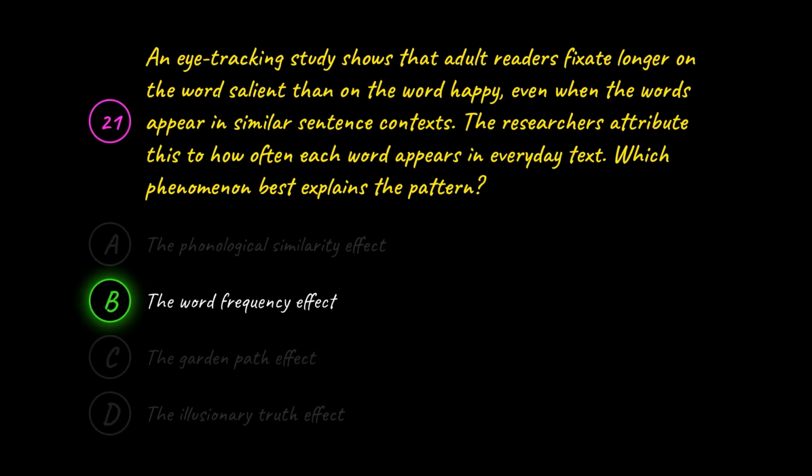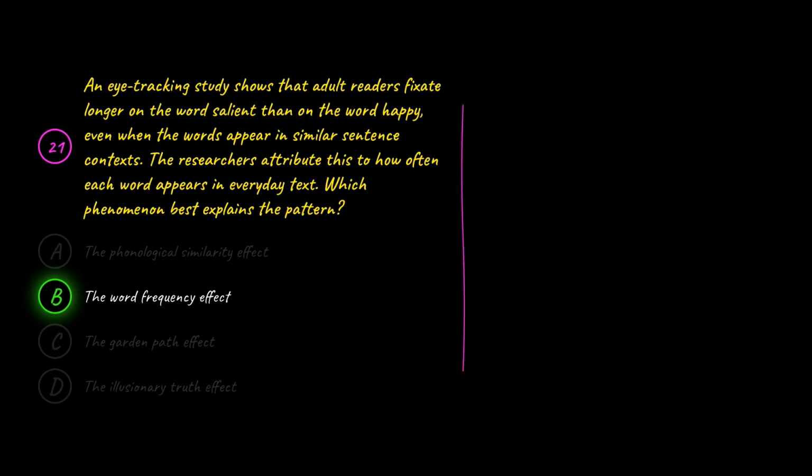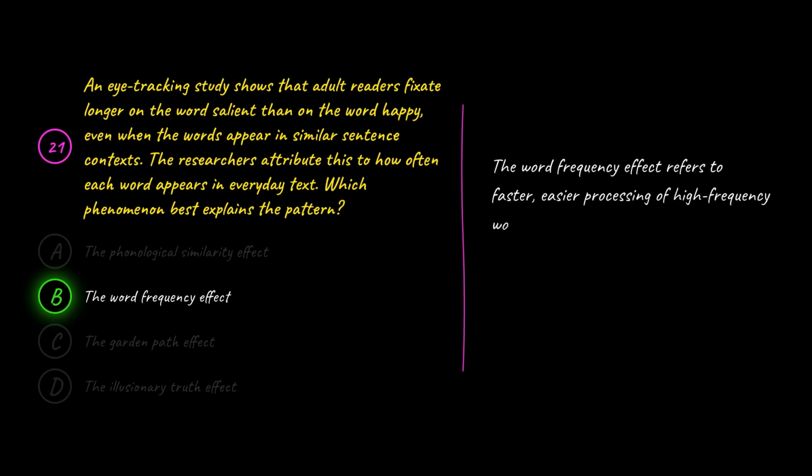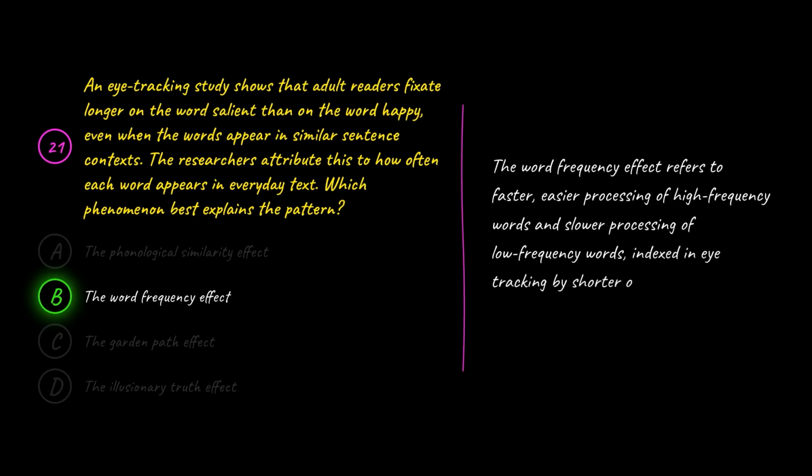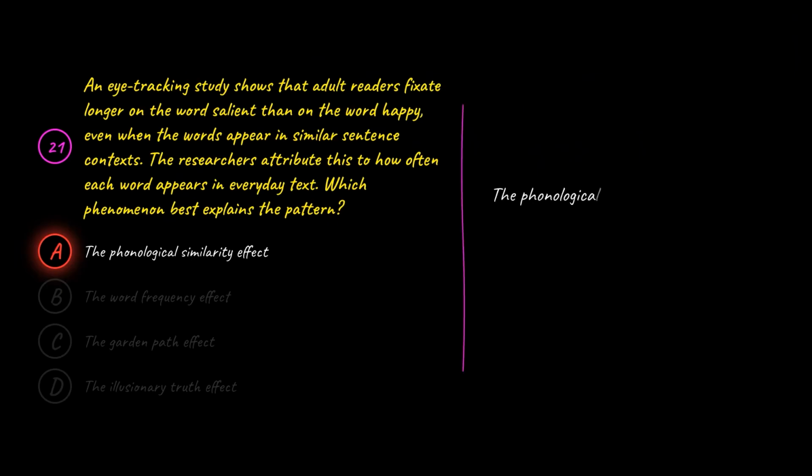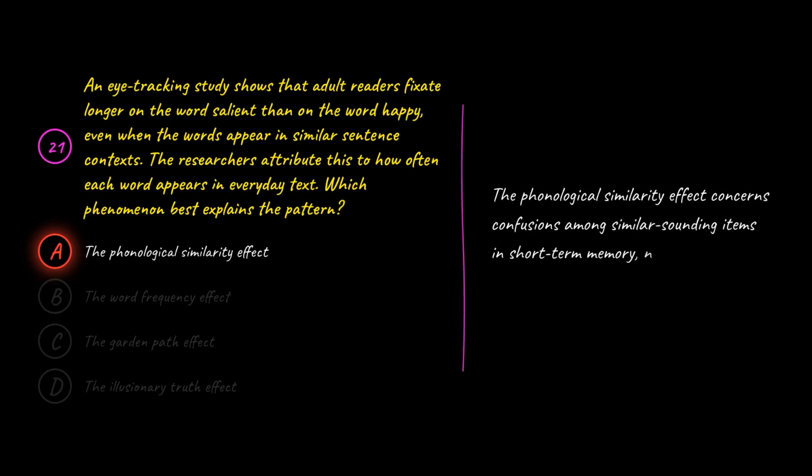The correct answer is B. The word frequency effect. B is correct because the word frequency effect refers to faster, easier processing of high-frequency words and slower processing of low-frequency words, indexed in eye tracking by shorter or longer fixation durations. A is wrong because the phonological similarity effect concerns confusions among similar sounding items in short-term memory, not the time required to recognize printed words.